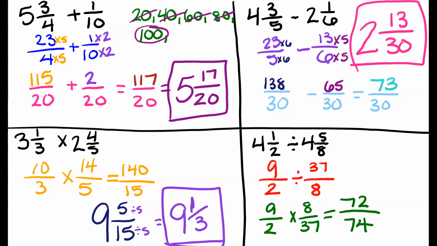And I'm going to divide each side by 2 so that I can simplify this. 72 divided by 2 will get me 36. And 74 divided by 2 will get me 37. There's nothing else that can go into 36 and 37 evenly besides 1. And they did not give me a unit, so I box it in. And I move on to the next problem.